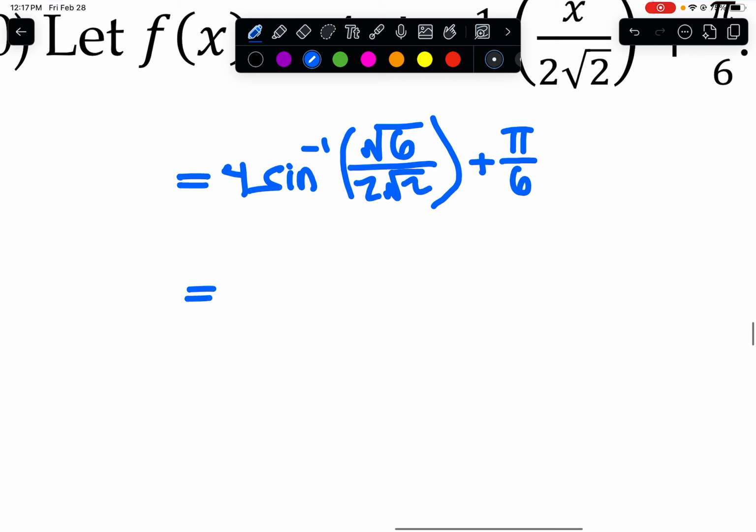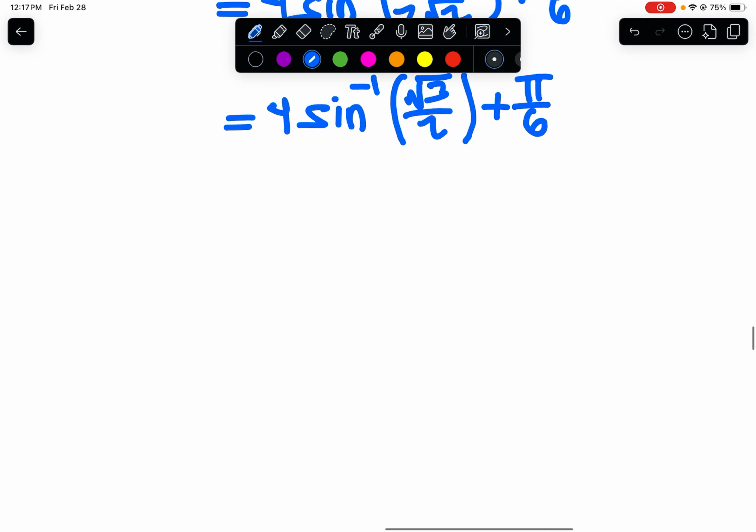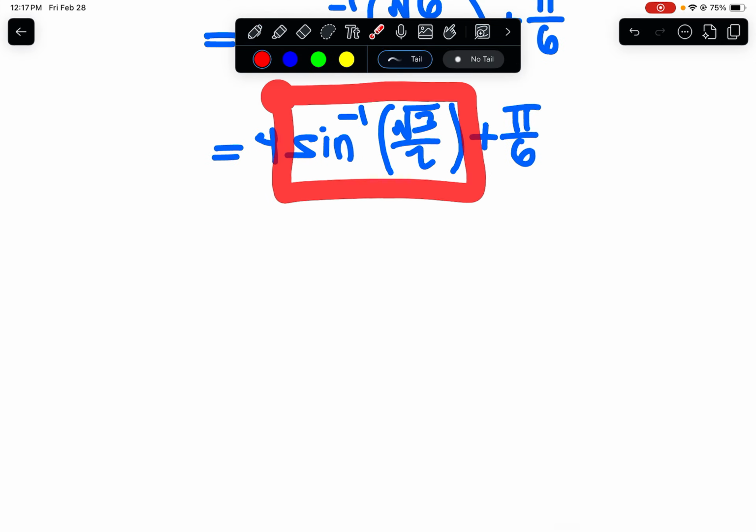So I'm going to simplify square root of 6 over square root of 2, which is going to turn into the square root of 3 in the numerator. So this will be 4 inverse sine of root 3 over 2 plus pi over 6.